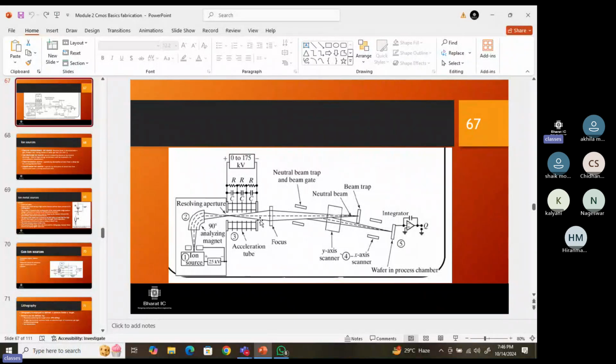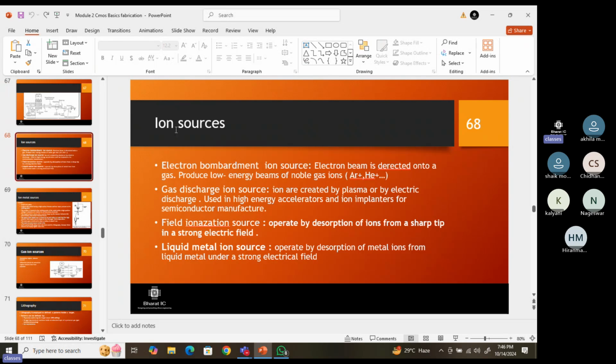So the ion source is formed, then it passes through a resolving aperture, is normalized using a lens, and falls over the wafer.